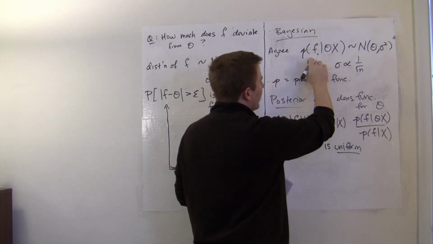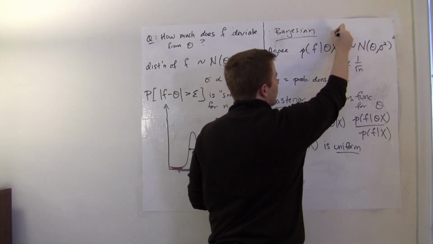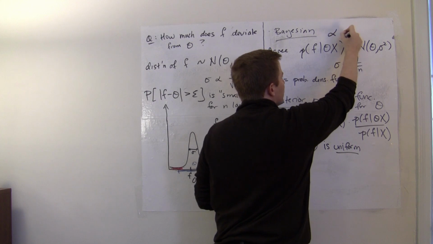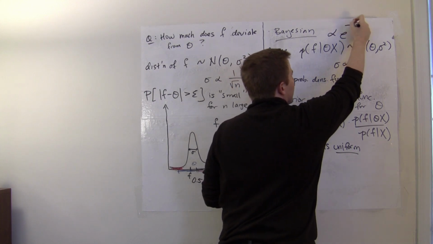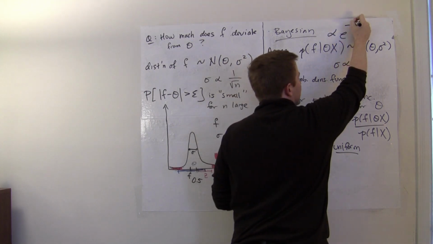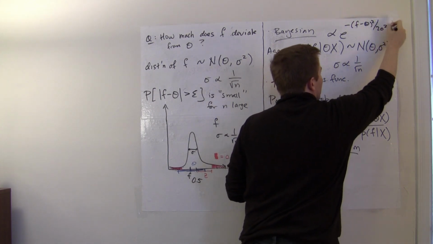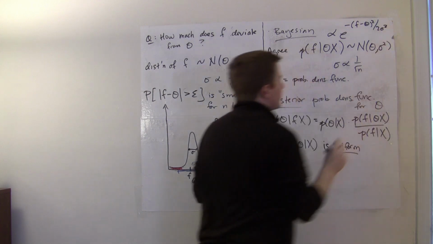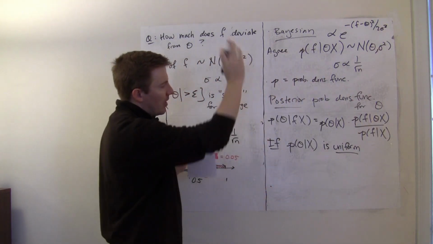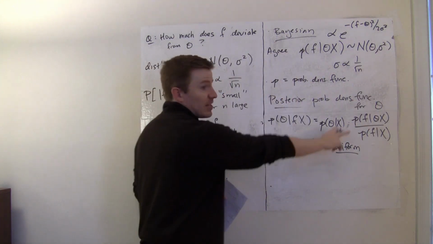The density function for the normal distribution is proportional to the exponential of minus f minus theta squared divided by 2 sigma squared. That's just the form of the normal distribution with some constant in front of it. So what we'll get is the same thing.